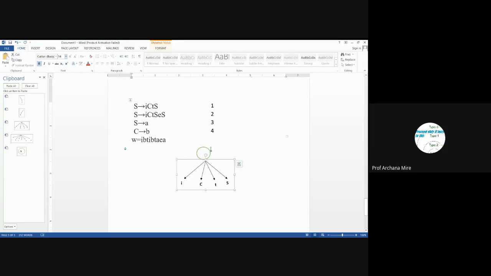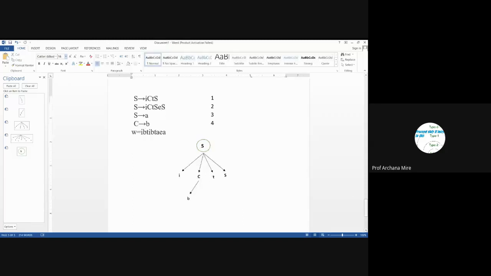So S leads to ICTS. Here this is non-terminal S, or a starting symbol S. Now on C, I want to derive B. So I am applying here C leads to B.